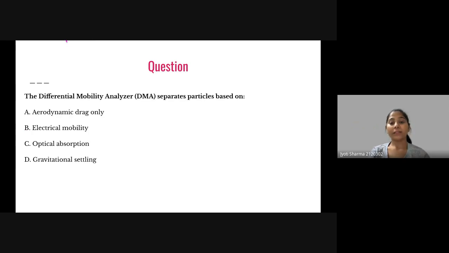Okay. The next technique or instrument that we can use for particulate matter is the differential mobility analyzer, known as DMA, that separates particles based on, you have four options: aerodynamic drag only, electrical mobility, optical absorption, gravitational settling.